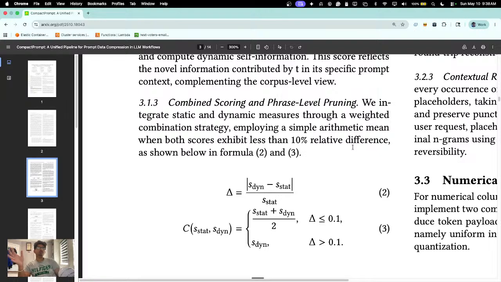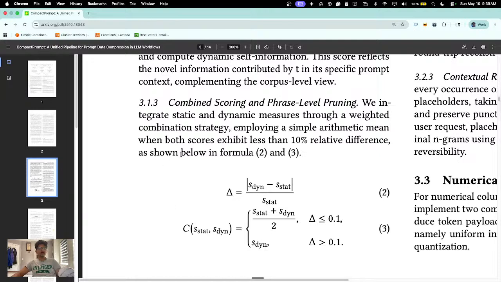But you can only do this if both of the scores are relatively the same, and that's why we use the relative difference. However, if the relative difference is huge, which is above 10%, then you're better off using the dynamic score, which is why in this piecewise function you have a condition where if it's under 10%, we use the arithmetic mean. But if it's over, then we're going to use the dynamic scoring because that is much more reliable.